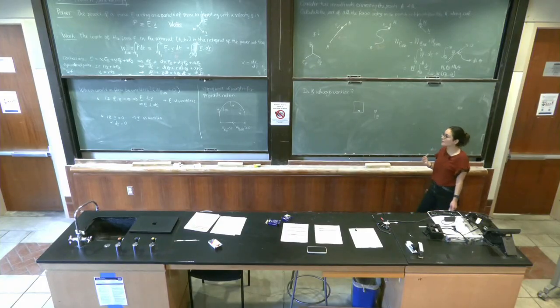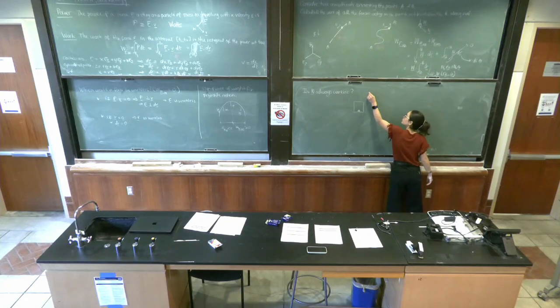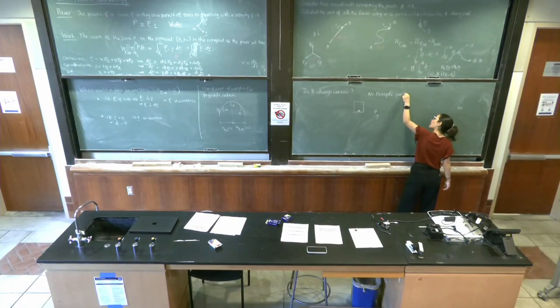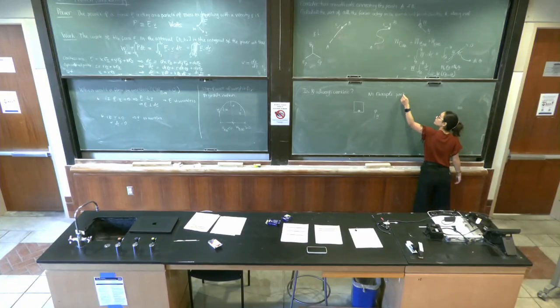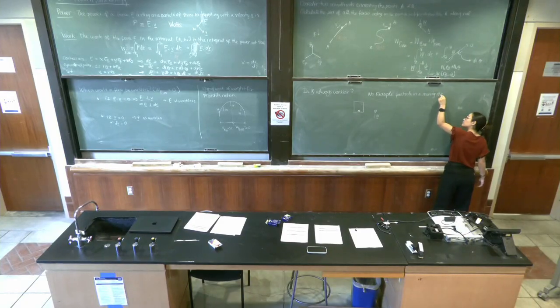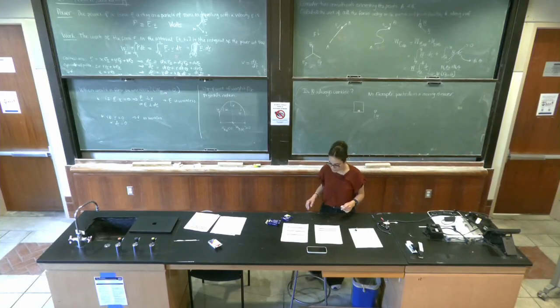A classical example of the normal force doing work is that of a particle in an elevator. And it doesn't have to be accelerating, it could just be moving. Great. Any questions?